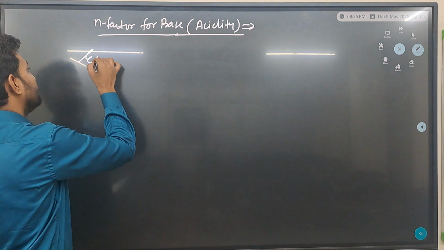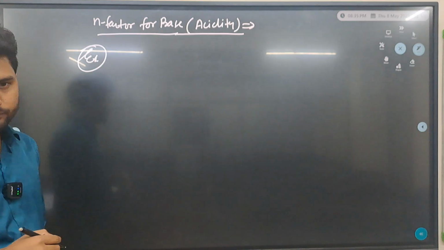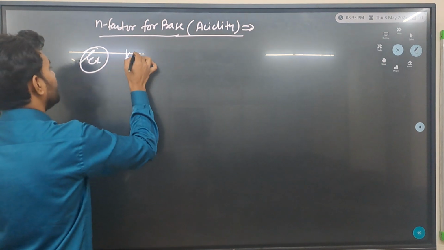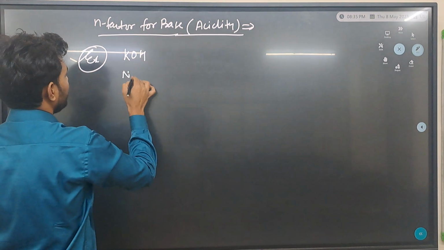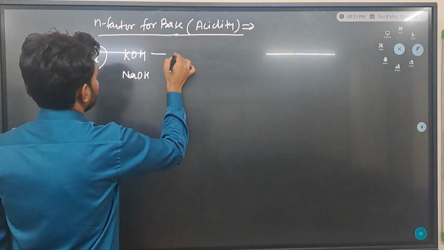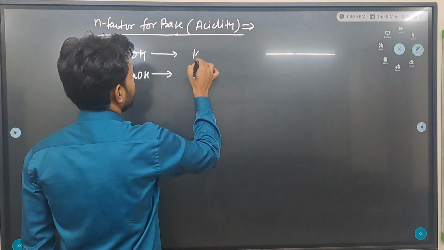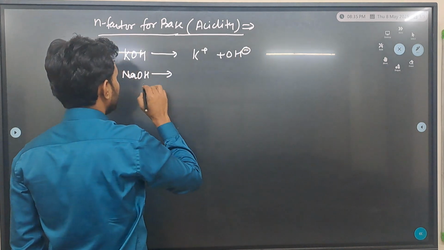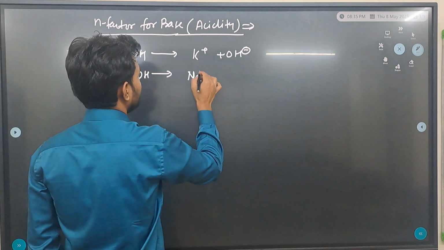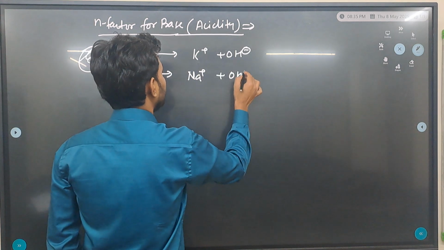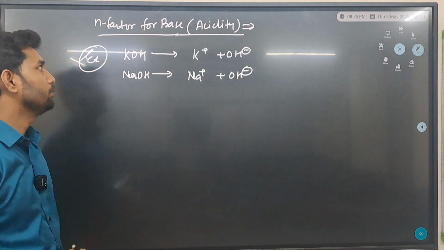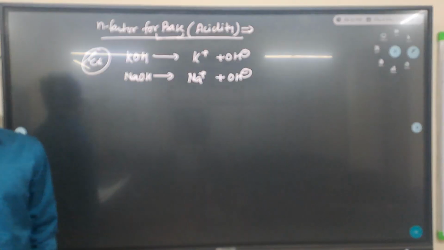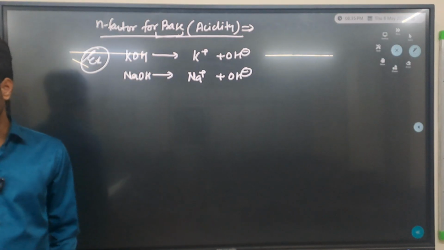So if we take examples like KOH and NaOH, after dissociation KOH gives K positive plus OH negative, and NaOH gives Na positive plus OH negative. So you know that a base gives OH negative ions.